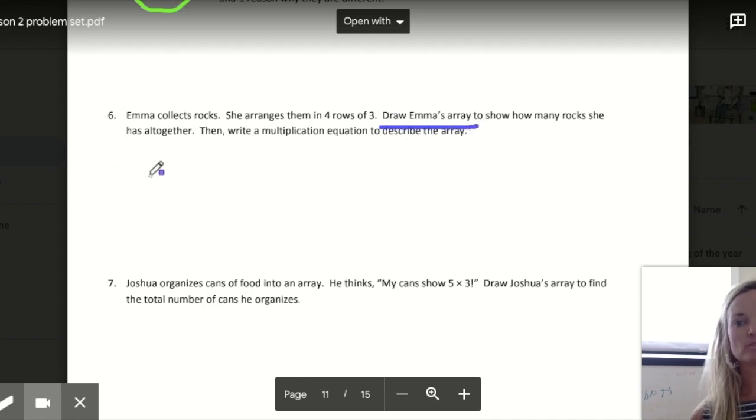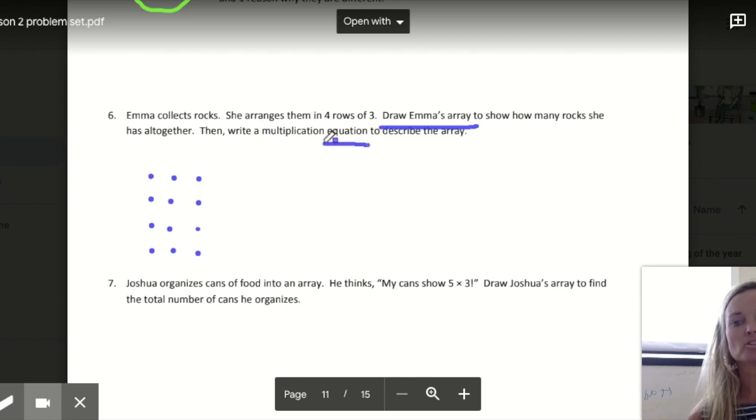So that's what I'm going to do first. I'm going to draw 4 rows. 1, 2, 3, 4. And now I need to make 3 in each of those rows. So I already have 1, 2, 3. Already have 1, 2, 3. 1, 2, 3. And I already have 1, 2, and 3. Okay, so there I drew my array.